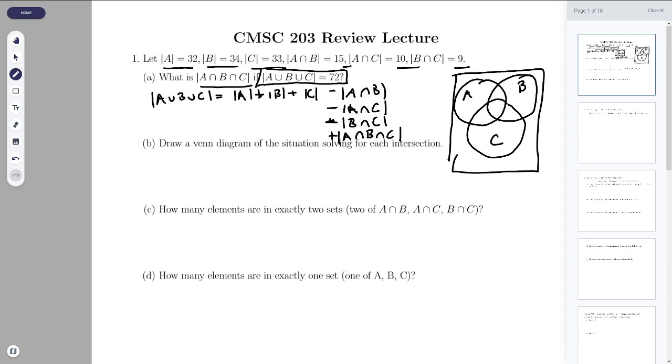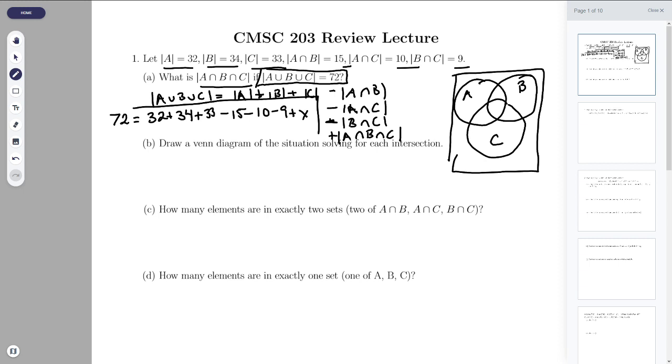Okay, so let's fill in all the things we know. We know on this side 72 is equal to 32 plus 34 plus 33 minus 15 minus 10 minus 9 plus x, which is the answer that we're looking for. So let's see what all of this gives us.